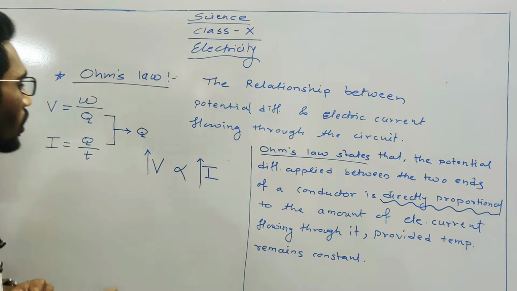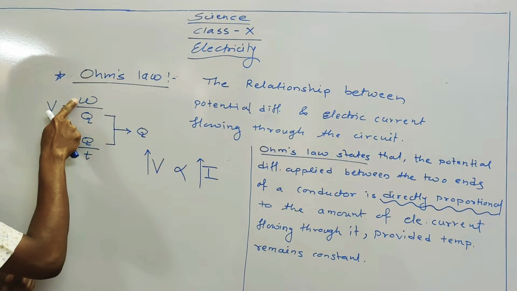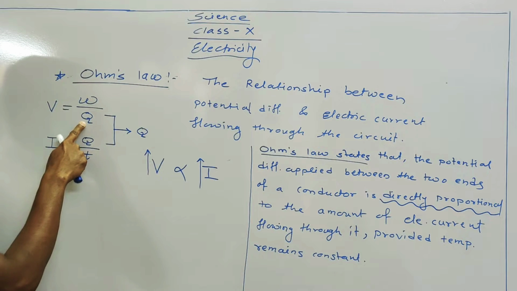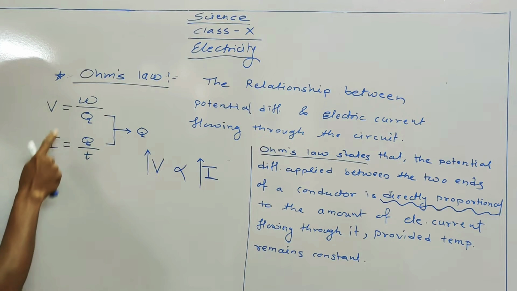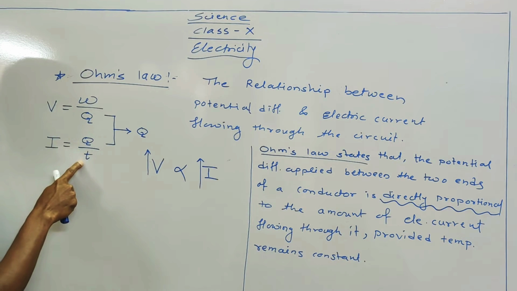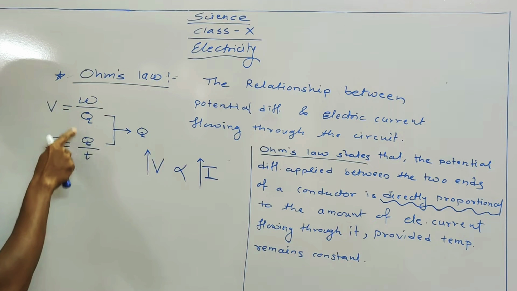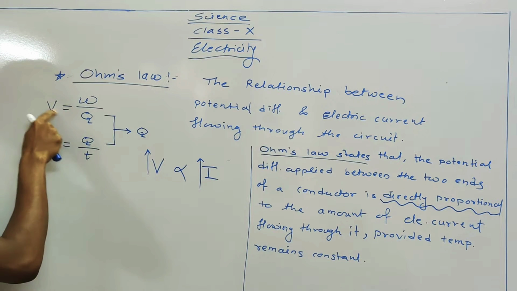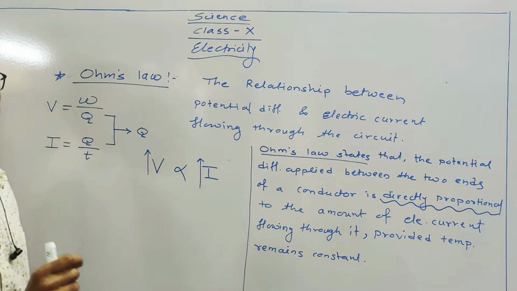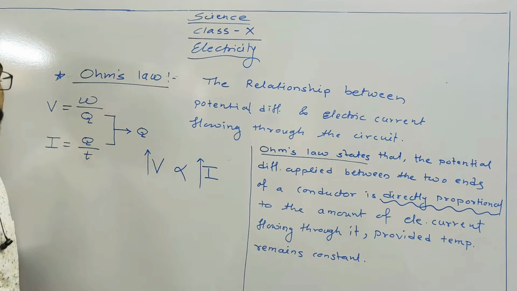I told you that voltage is nothing but the work done to move the unit quantity of charge, and electric current is nothing but the amount of charge flowing in a unit time. Both the quantities have quantity of charge, that means these two quantities must have a relation between them, and that relation is given by Ohm's law.